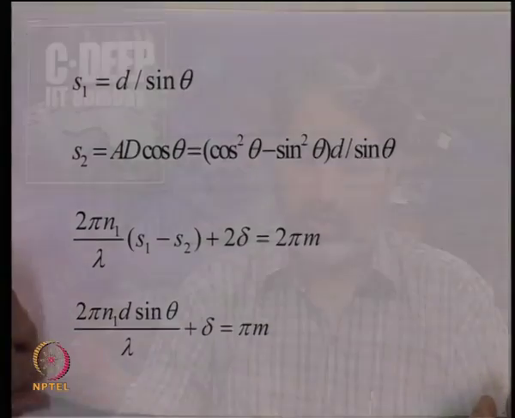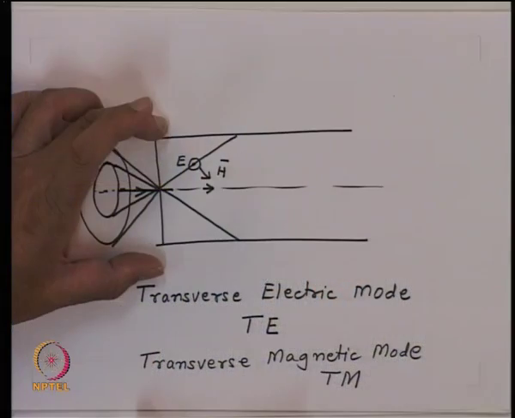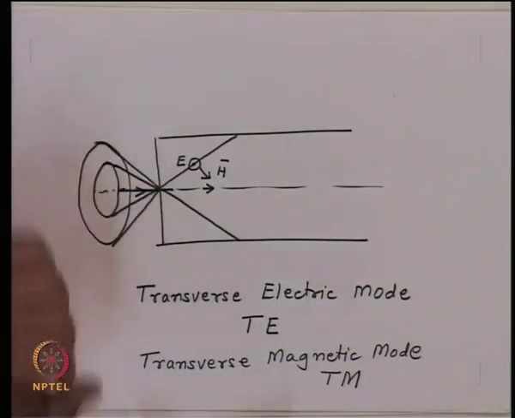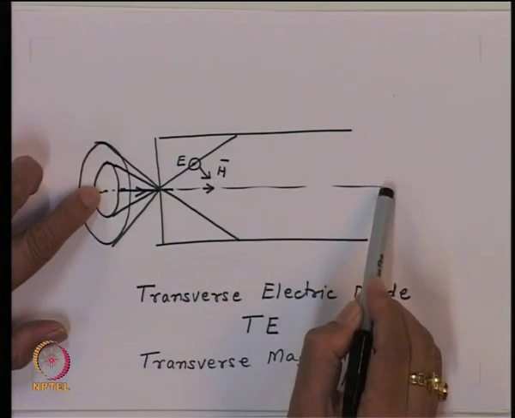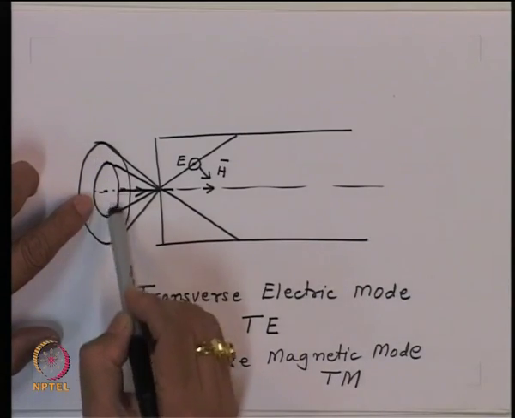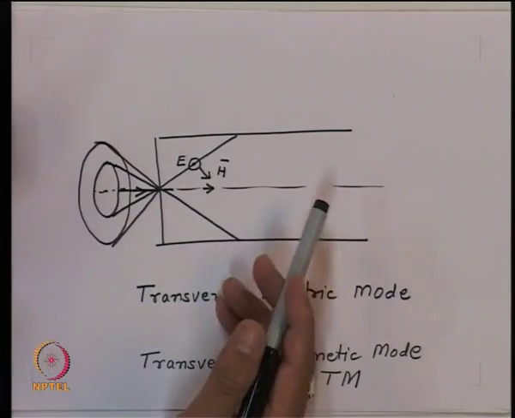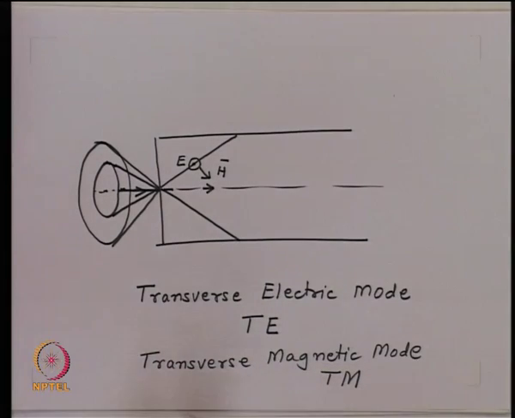Or in other words, what we are saying is, if I make the optical fiber core thin enough such that only this ray which goes along the axis can be launched, but even the second ray which satisfies the phase condition cannot be launched because this angle is greater than the numerical aperture angle. By doing this, essentially then one can avoid the pulse broadening on the optical fiber.